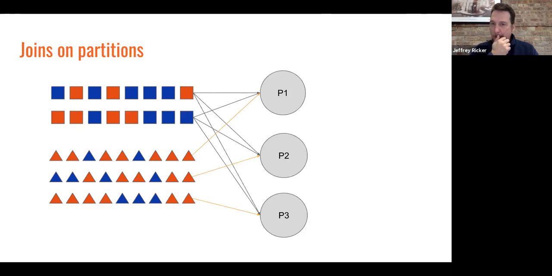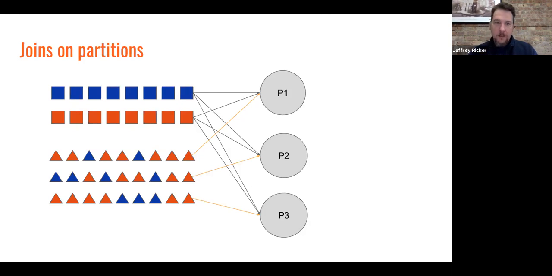So in essence, P1 is consuming all the partitions of the square stream, and P2 is consuming all the partitions of the square stream, and same with P3. And then P1 only consumes 1 partition of the triangle stream, same with P2 and P3. And as a result, we're able to join. Does that make sense?